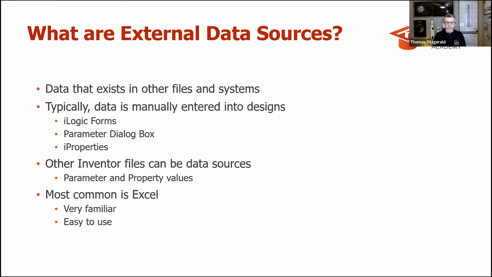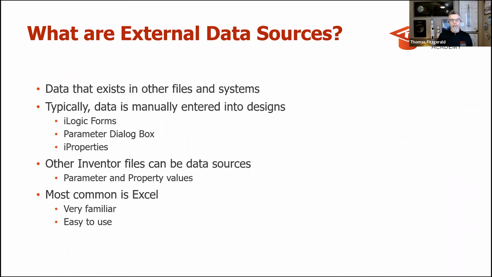and then consuming it. And then the most common external data source that we're really familiar with is Microsoft Excel. Inventor has some native functionality around using Excel files. Think of the parameter dialog box where you can import and export parameter information. You can also link to an Excel spreadsheet that might have parameter information.